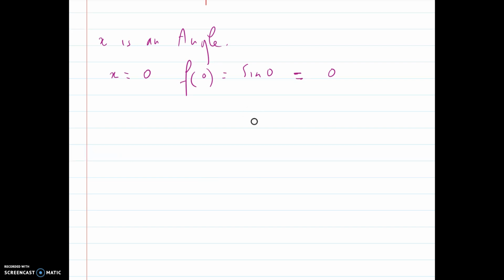Now, let's continue. When x equals pi over 2, I know that f of pi over 2, which is sine pi over 2, will be equal to 1.